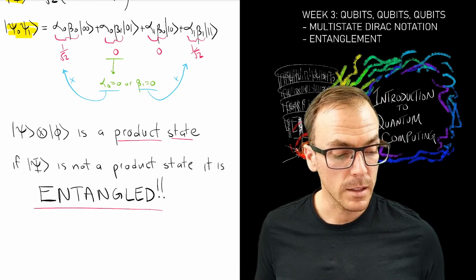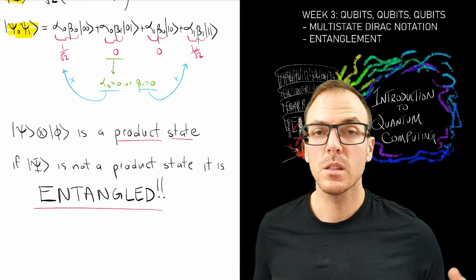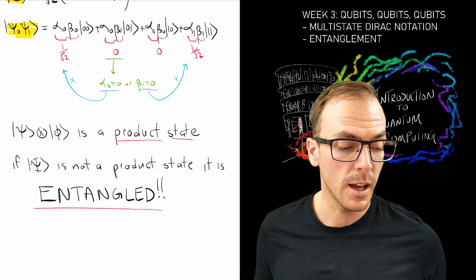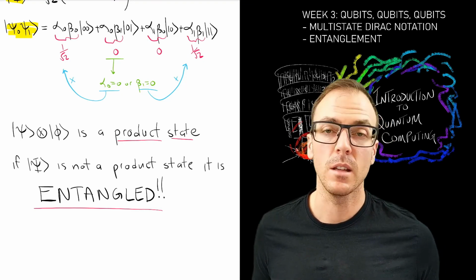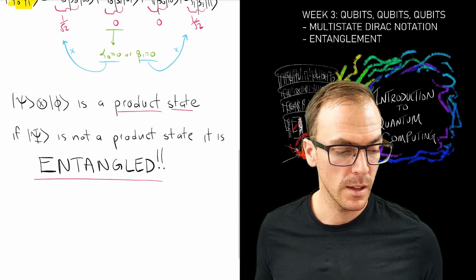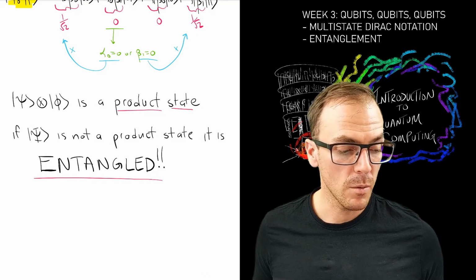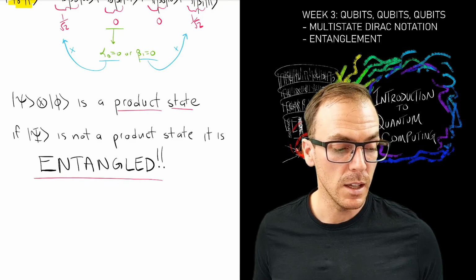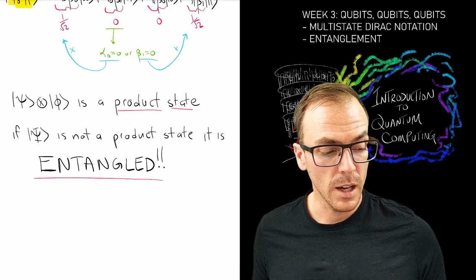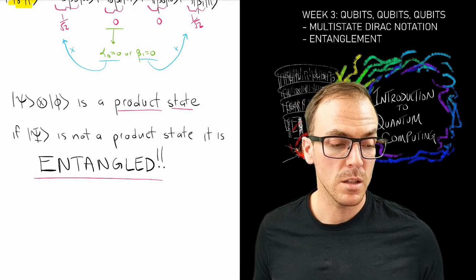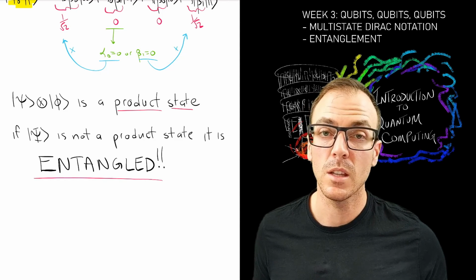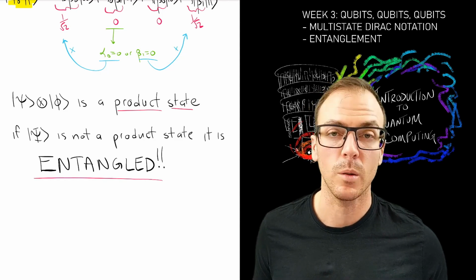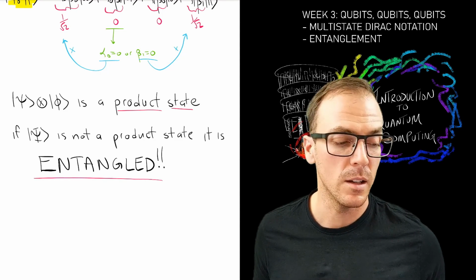And in fact, as we increase the number of qubits, we'll find that almost all states are entangled, and these product states are very special states. Alright, so there we see that we have a little bit more than just combining these individual qubits by just multiplying them, like putting them side by side.